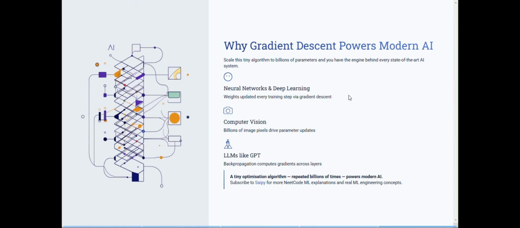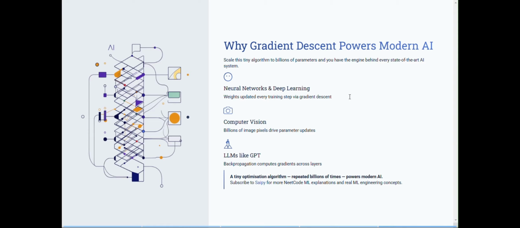Now, let's see why gradient descent matters. This problem may look very simple to you, but this exact algorithm powers modern AI systems. In neural networks and deep learning, gradient descent updates millions or even billions of weights during training.